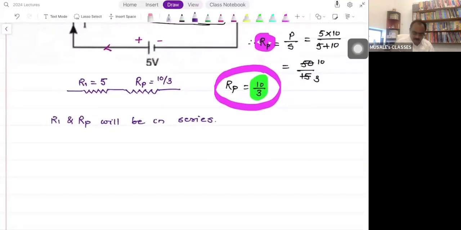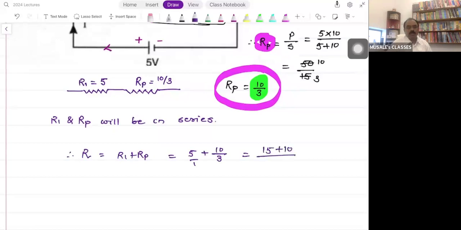Therefore, final resistance, that is R, will be R1 plus RP. R1 is 5, RP is 10/3. So LCM, so it is 15 plus 10 upon 3, which is 25/3. Don't do calculations in between. आधे मध्ये calculations करायचे नाहीत. Okay, this is resistance.